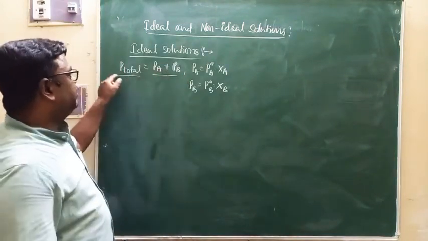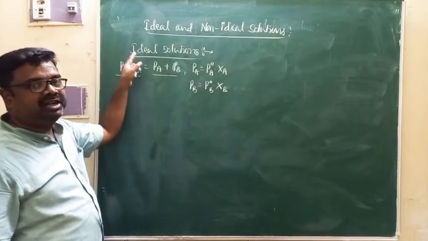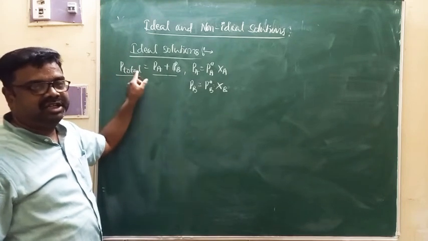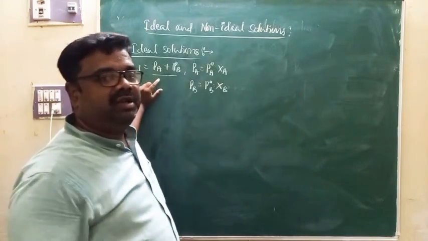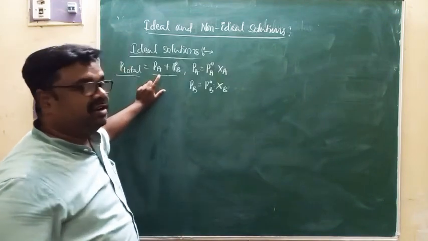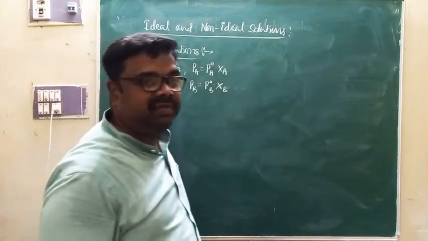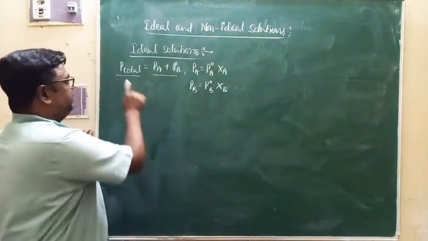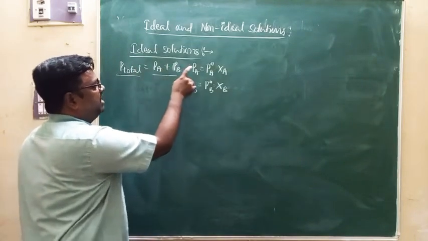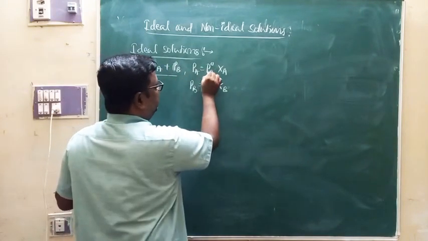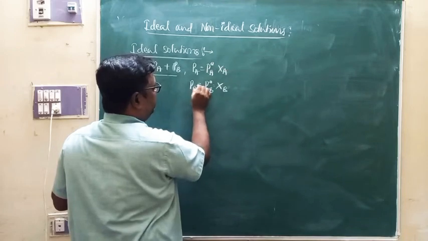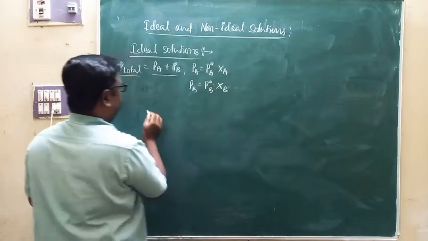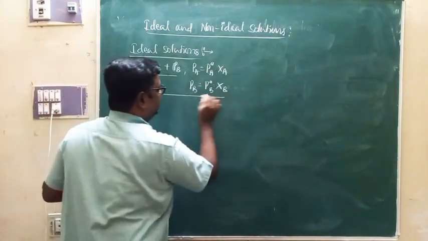That is, the experimentally determined vapor pressure of a solution is equal to the total vapor pressure of the solution as calculated from Raoult's law. That is P total is equal to PA plus PB, and of course PA is equal to P naught A into XA, or PB is equal to P naught B into XB.